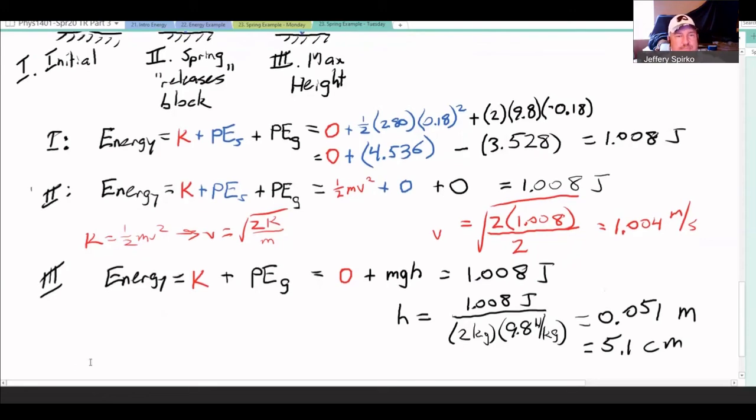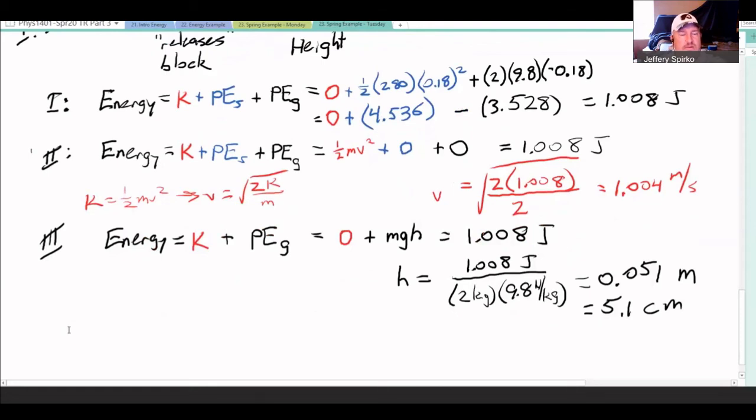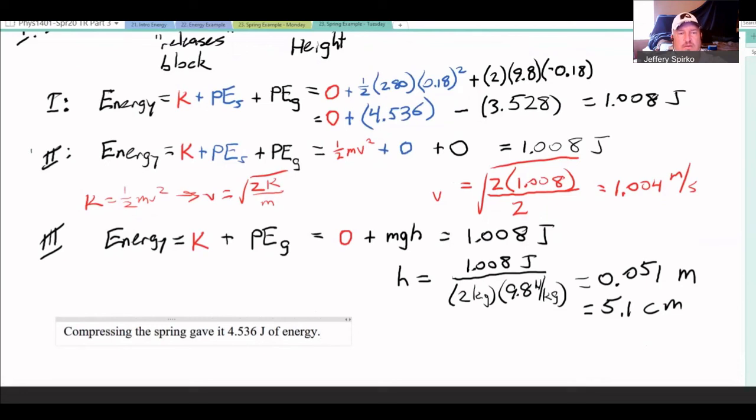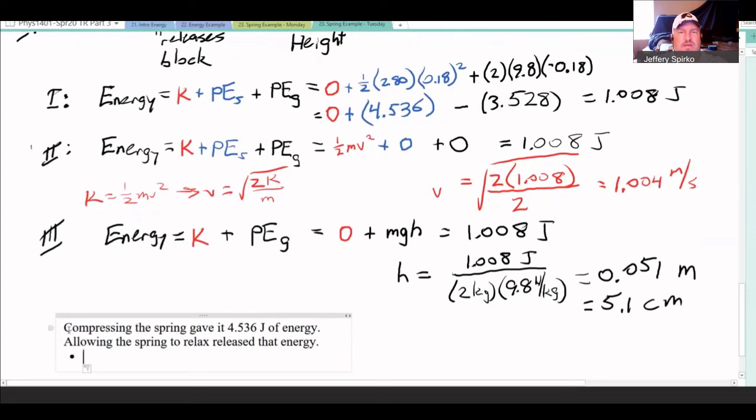So, what do we do with our energy balance? Compressing the spring gave the spring that 4.536 joules of energy. That energy was allowed to be released by letting the spring relax, 3.528 joules.